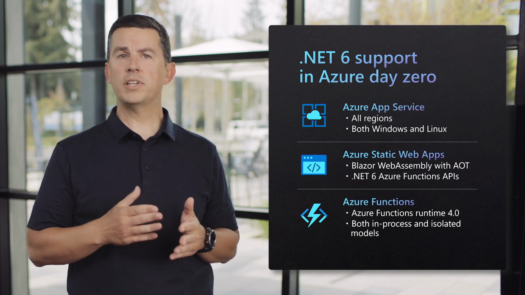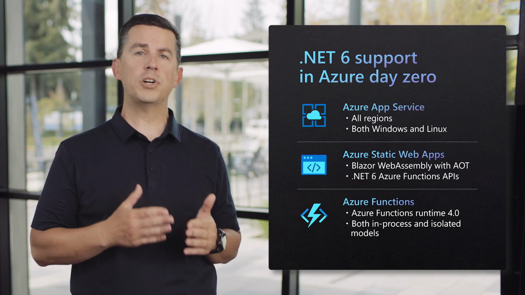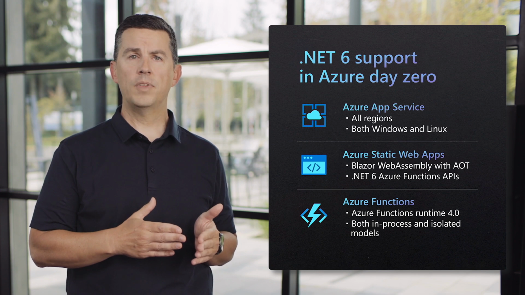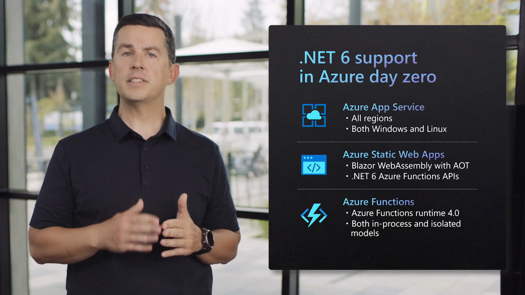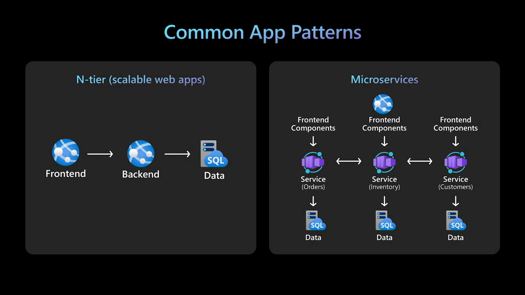Azure Functions support for .NET 6 is available in Azure Functions Runtime 4.0. Both the in-process and isolated models are supported in .NET 6 Azure Functions. Going forward, you can expect .NET releases will be supported on Azure the day they're released. No matter what type of cloud app you're building, .NET and Azure have you covered.